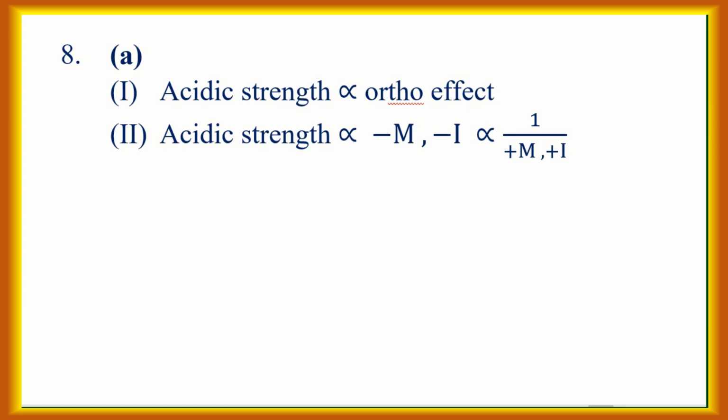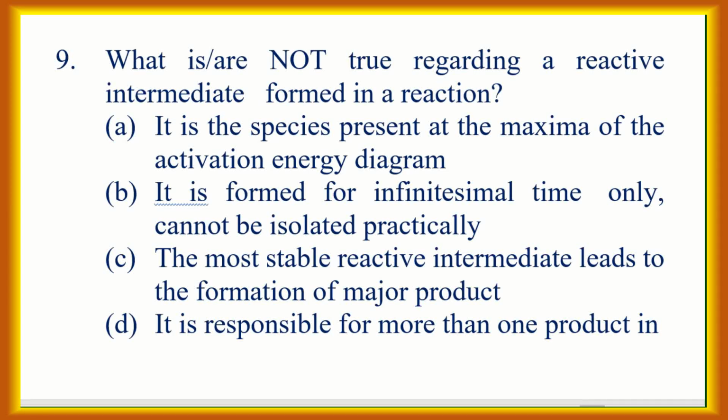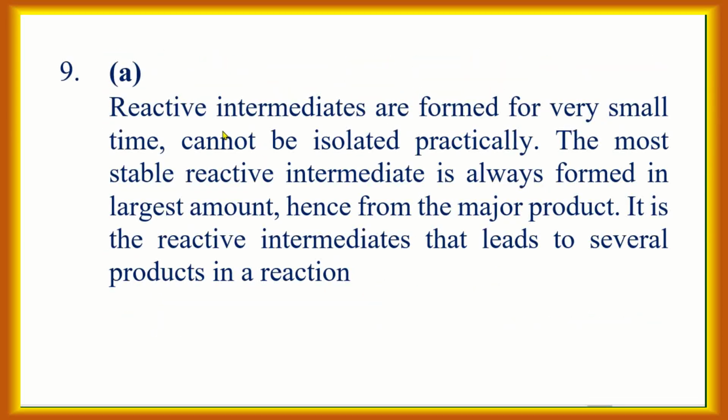And next, question number 9. Which of the following is not true regarding the reactive intermediate formed in a reaction? The options are given. Now the answer is option A. Why option A? Because reactive intermediates are formed for a very small time and cannot be isolated practically. The most stable reactive intermediate is always in larger amount, hence it forms the major product.